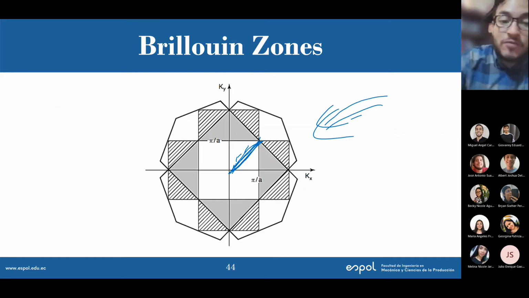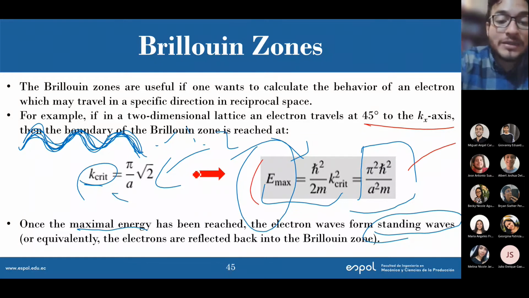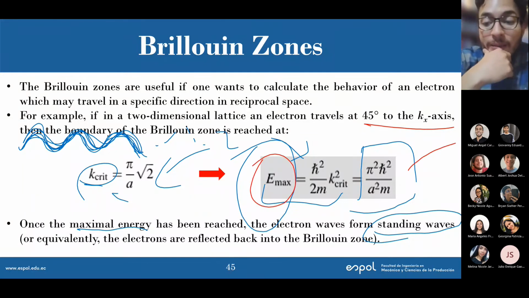So let's say instead of moving like that, what happens, guys, if the electron is moving like that or like that? What's going to be the value of this maximal energy? How is that going to change? Super easy, guys, come on.